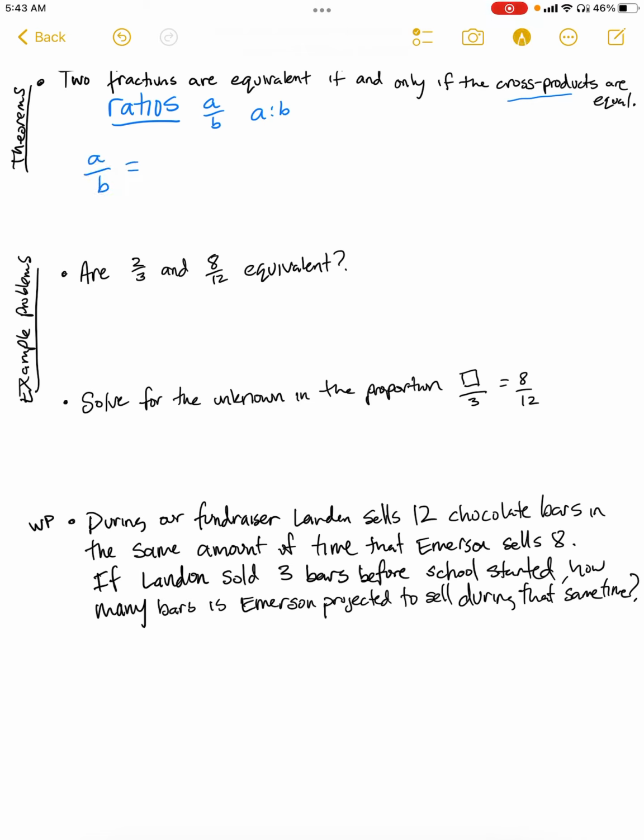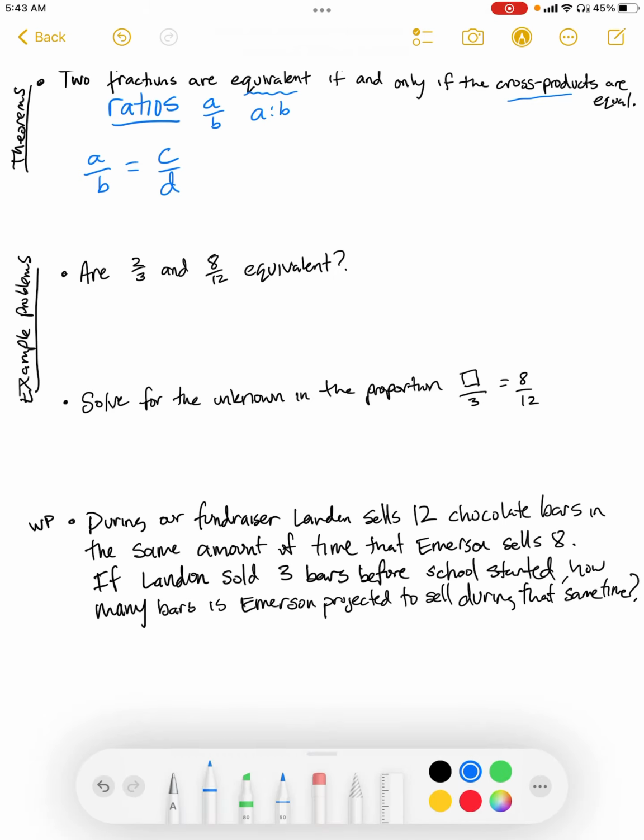We have two fractions. They're equivalent. Remember, equivalent is a form of equality, means they're equal. So those are equal if and only if their cross products are equal. The cross product, let me grab a different color. Okay, we look across and remember product means to multiply, right?